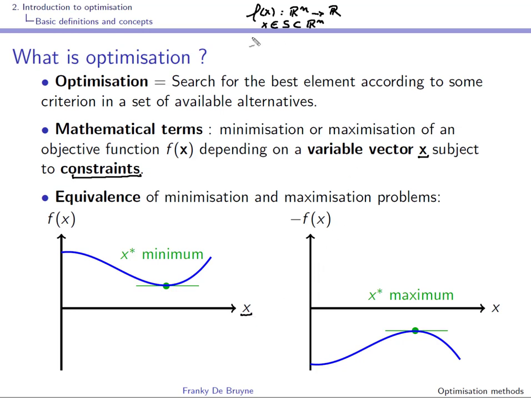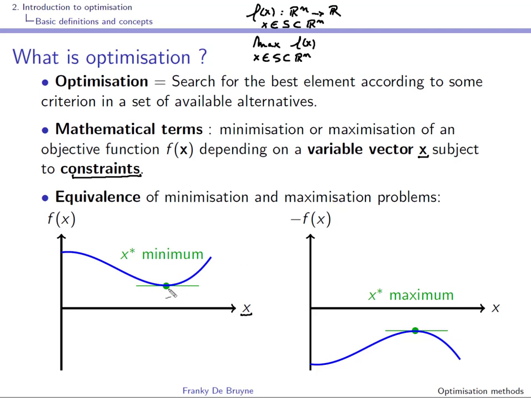So we can write, for instance, the maximization problem as follows. So we have the maximum of f of x, where x is constrained to live in a feasible set S that is included in Rn. As you can see, there is an equivalence between minimization and maximization problems.